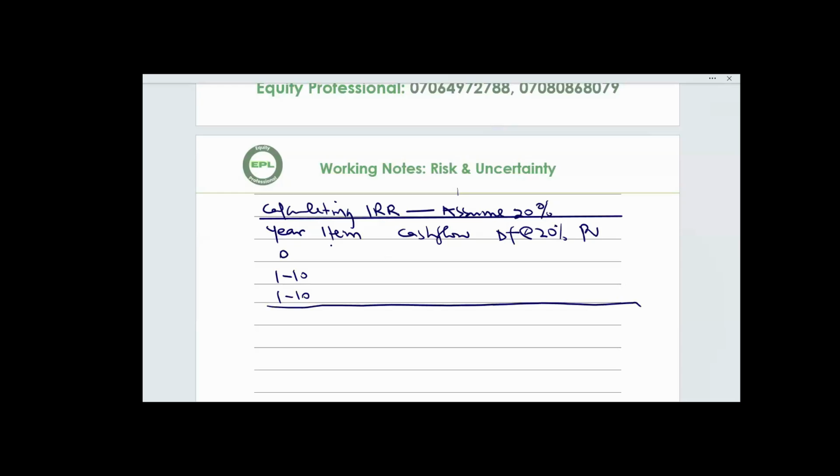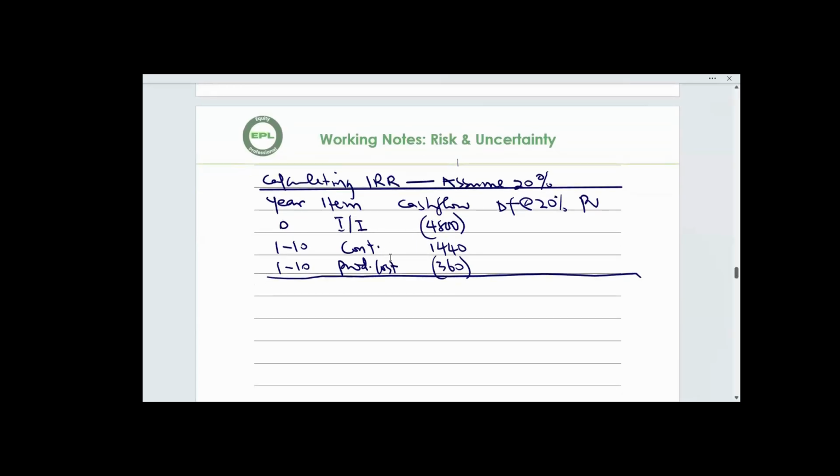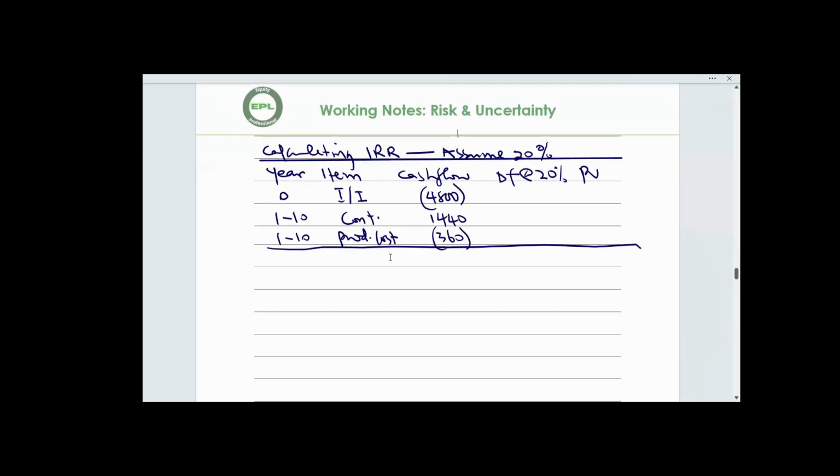All right. Initial investment, contribution, production cost: 4,800, 1,440, 360,000. Somebody should give me an annuity factor of year 1 to 10 at 20%. 4.192. Thank you.